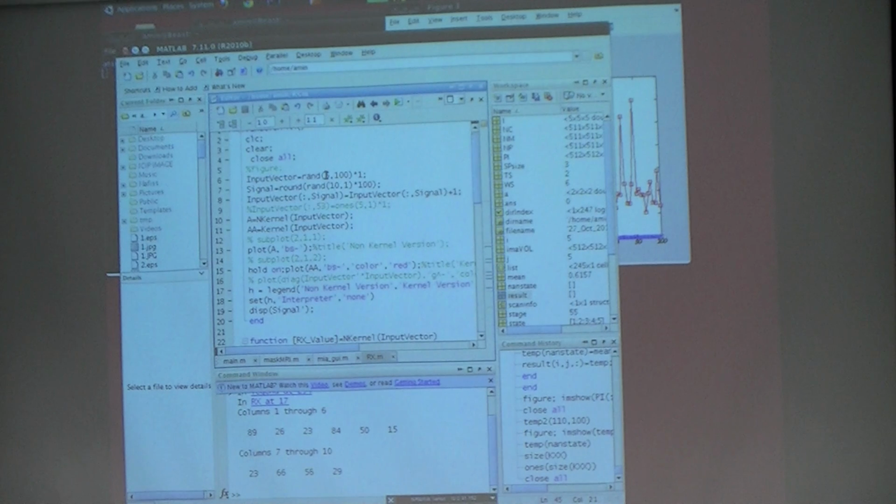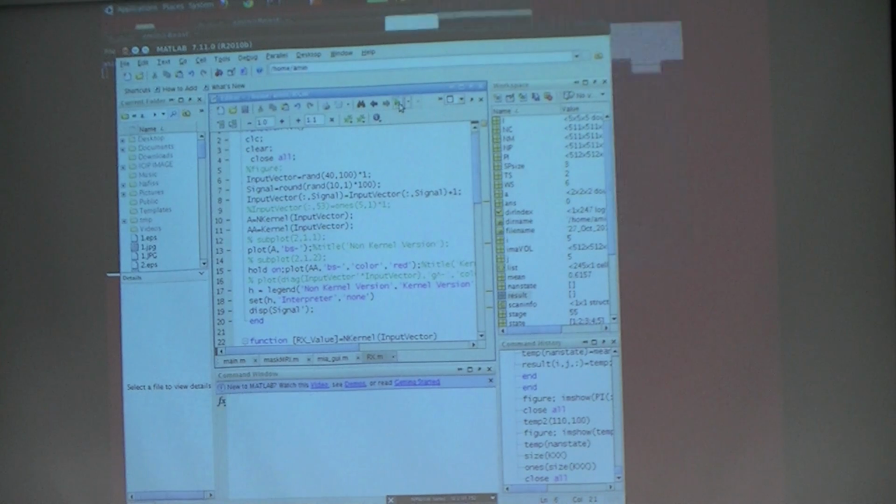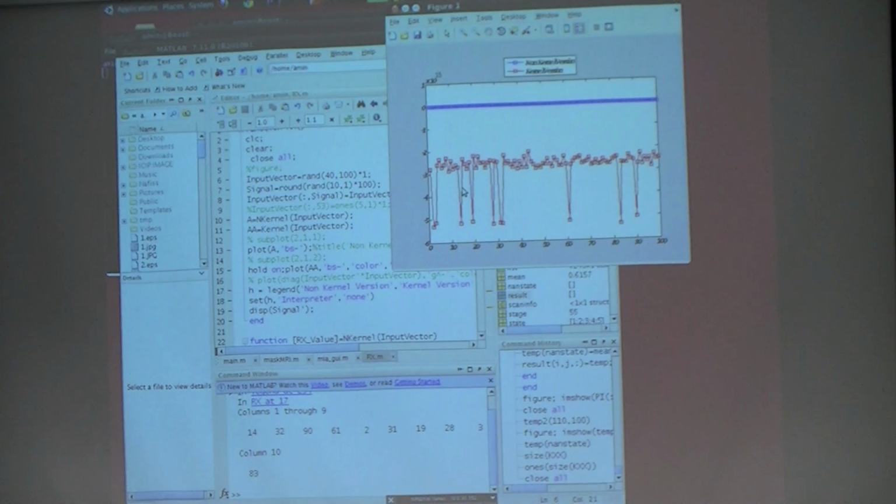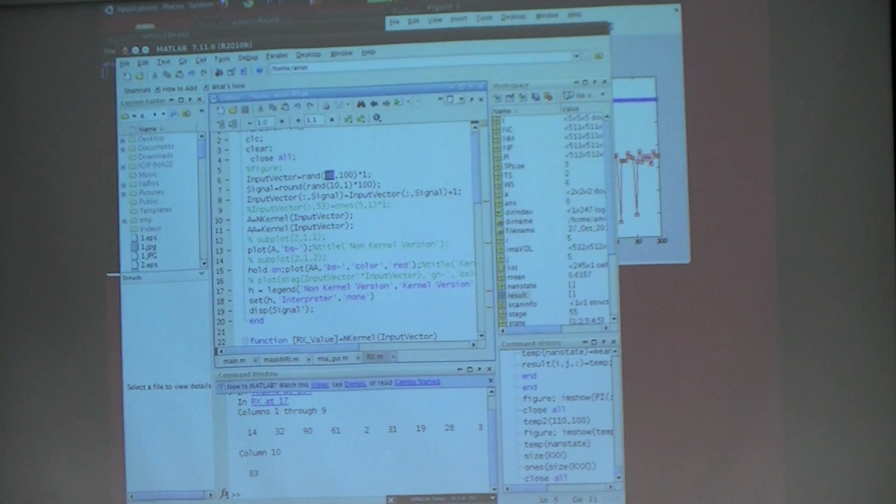I can change it, and you can check it, for example I can put 4. This is the value if the input dimension is 4.